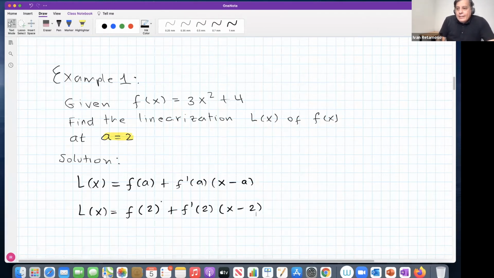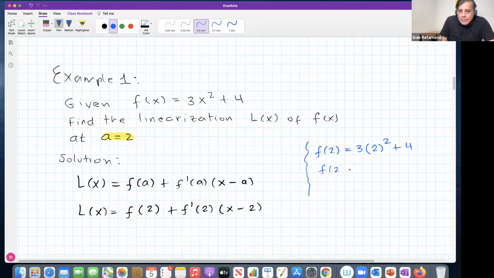Very good. Now I have to get this evaluation f of 2, and I have to get this other evaluation, f prime at 2. Two evaluations that I need there. So for that, I'm going to write on the side: f evaluated at 2 is just the evaluation of this function f of x at x equal 2.